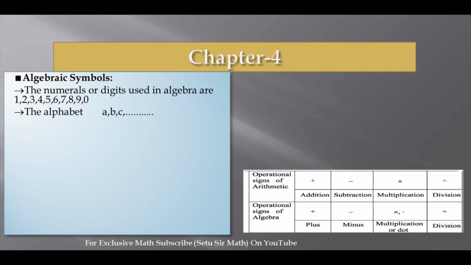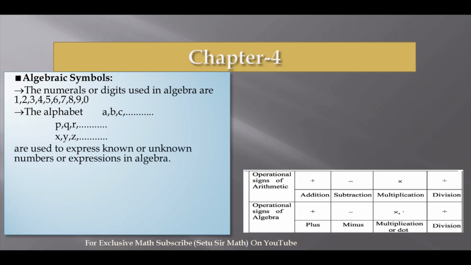The alphabet letters A, B, C, D, E, P, Q, R, X, Y, Z, that means in these algebraic symbols we will use the letters A, B, C or P, Q, R or X, Y, Z to express known or unknown numbers or expressions in algebra. When you solve a math problem, you will understand it better.